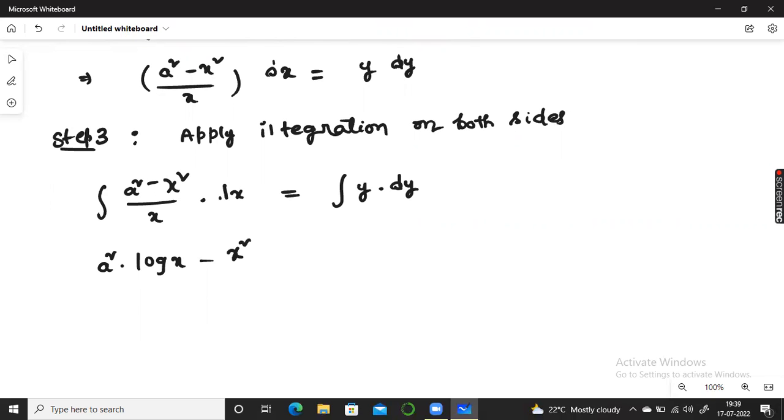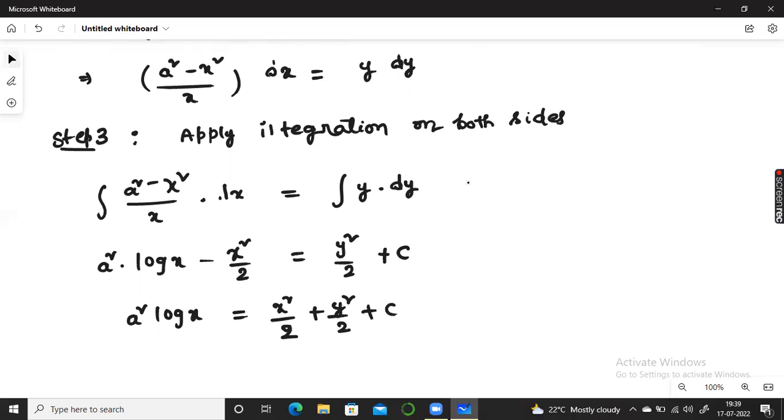It means x square over 2 is equal to integration of y dy, y square by 2 plus some arbitrary constant, which every time you have to add, as I said. So plus c. Now you can write this equation as a square log x is equal to x square by 2 plus y square by 2 plus constant.